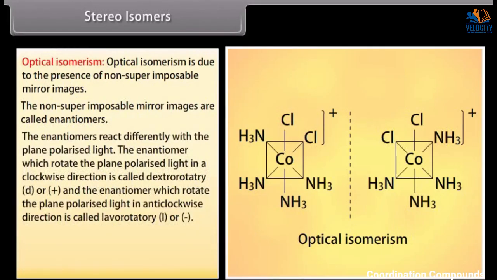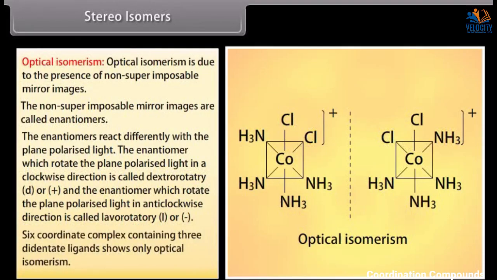The enantiomers react differently with the plane polarized light. The enantiomer which rotates the plane polarized light in a clockwise direction is called dextrorotatory, and the enantiomer which rotates the plane polarized light in anti-clockwise direction is called levorotatory. A 6 coordinate complex containing 3 bidentate ligands shows only optical isomerism.